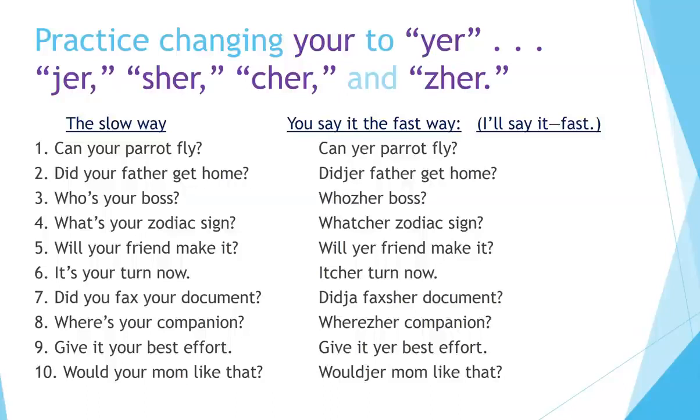Can your parrot fly? You say it the fast way. I'll say it the fast way. Can your parrot fly? 2. Did your father get home? You say it. Did your father get home?